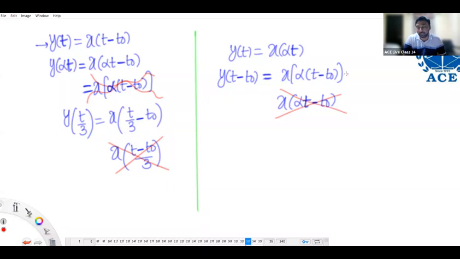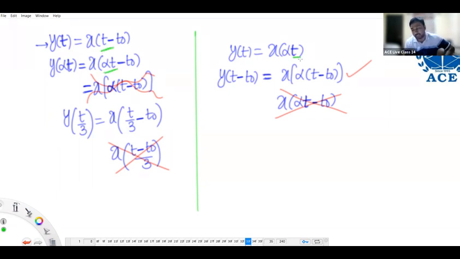Alpha t minus t naught is over. This is a blunder mistake most of the fellows will do in the subject. Be careful. Either shifted signal is scaled or scaled signal is shifted. Exactly here t place, I substituted alpha t.